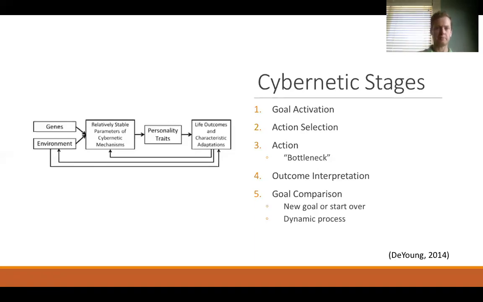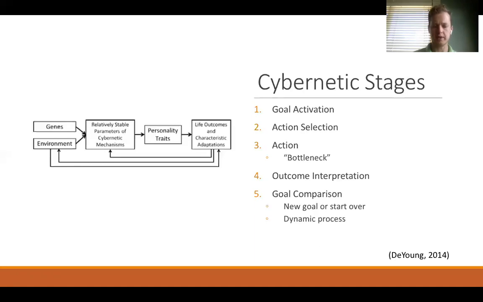It can't just be a linear progression, and it's not. There is a bottleneck effect at the action stage, because essentially we only do one action at a time. So each stage basically has to wait its turn for the action to go through. That allows us to use this more linear model, but it is indeed a dynamic process.